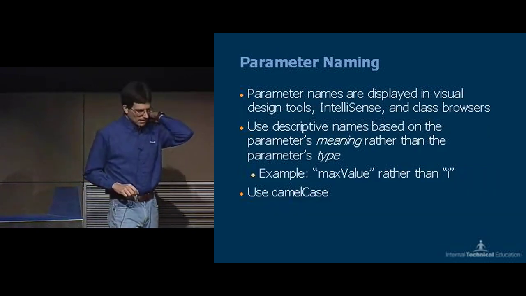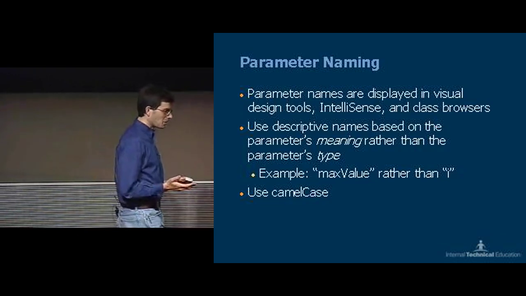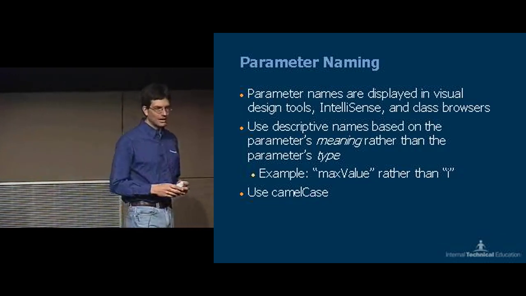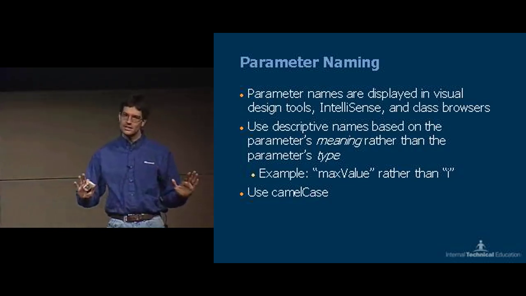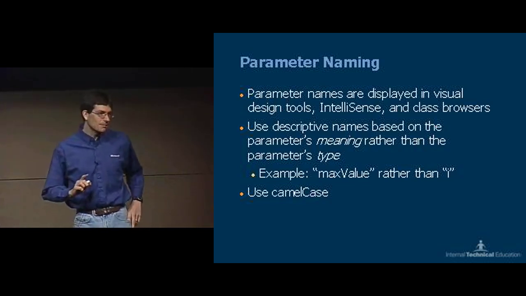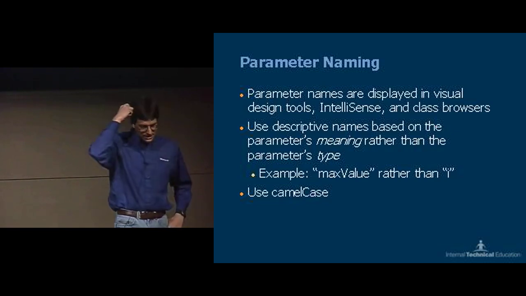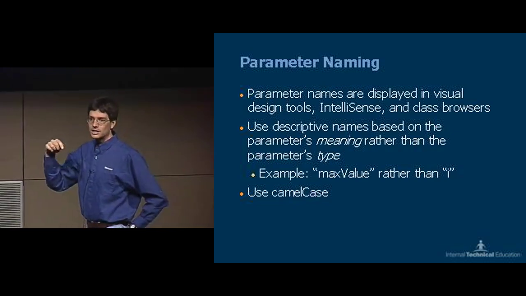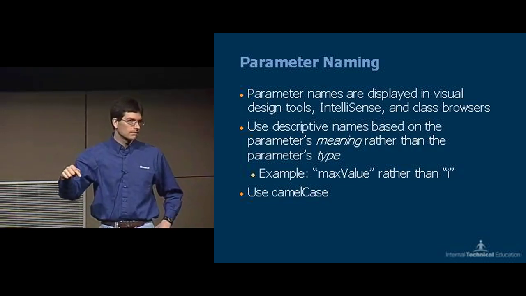So parameter names, as I mentioned, I don't know why, but developers especially don't like me picking on parameter names, but it's important. And the other thing that it may surprise you to learn is that it's a breaking change to change them.